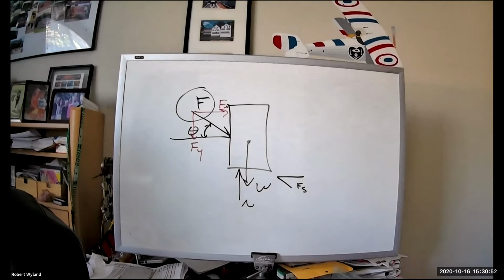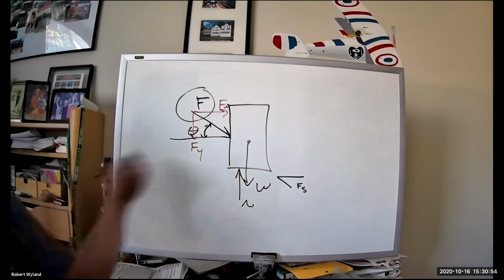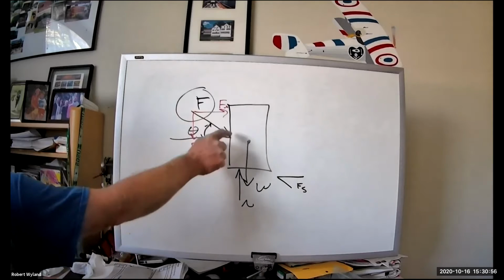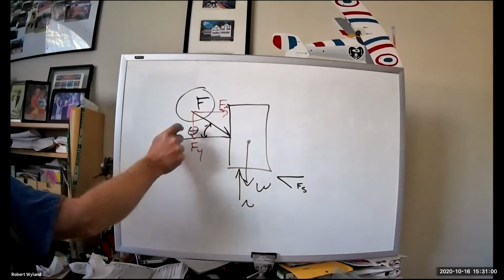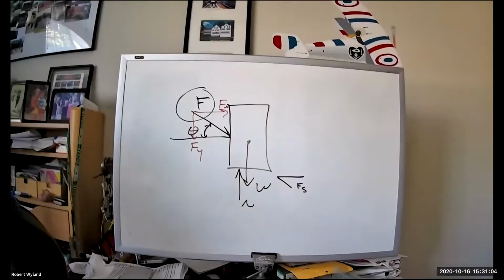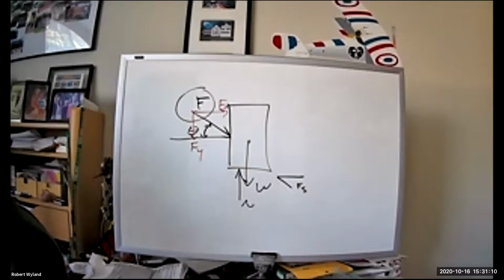So mathematically it'd be the same, but if this force wasn't aimed at the center of gravity, like it was above or something, then the answer is it's going to make a big difference, because now your normal is going to contribute to the turning moment. Oh, the moment. We know how to calculate that.